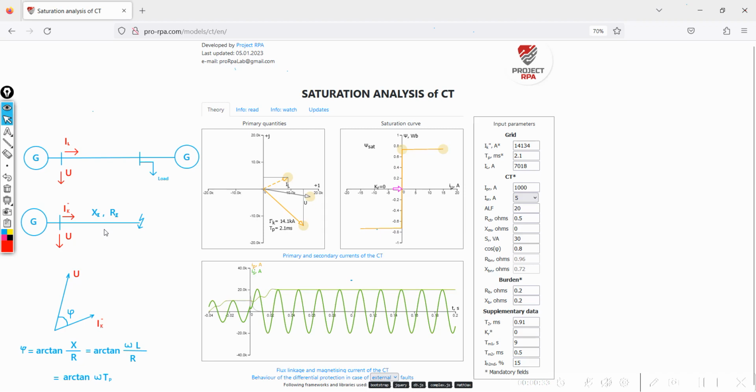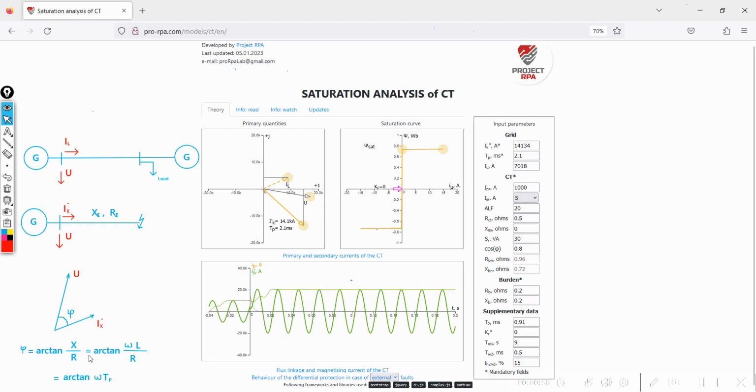The angle between the reactance and the resistance also corresponds to the phase shift between the voltage and the short circuit current. So if we draw the phasor diagram of the short circuit condition, we'll see that the short circuit current lags the voltage because a power line is an inductive element. The corresponding angle phi can be determined with the formula phi equals arctan(X/R).